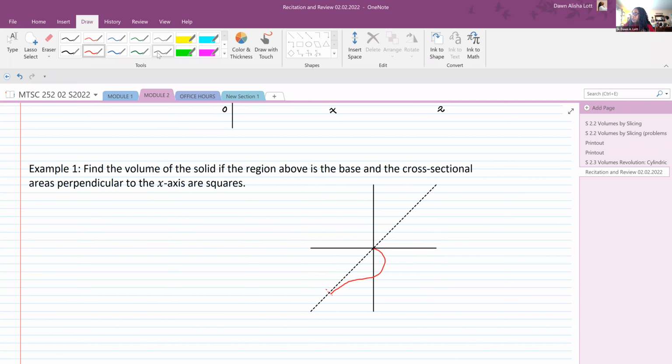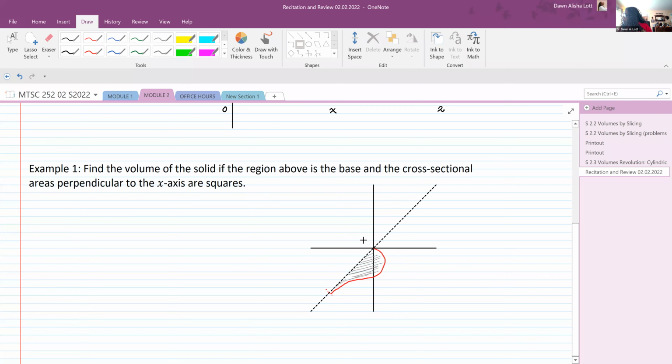So this is the function, and this is the region, and it's laying on the ground. And then standing up out of this region are our squares.